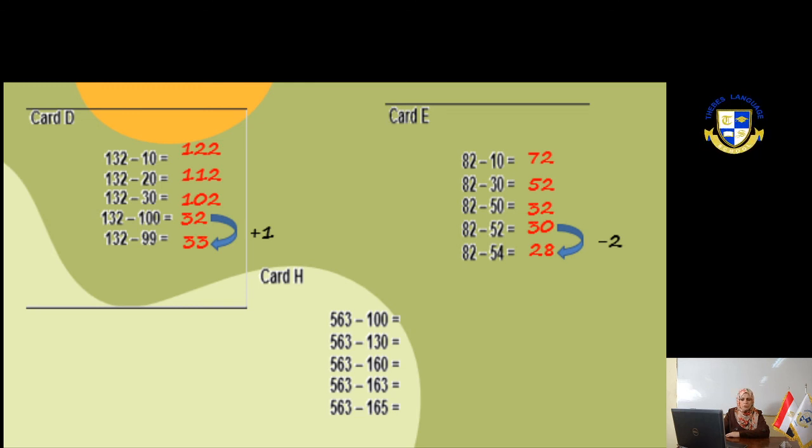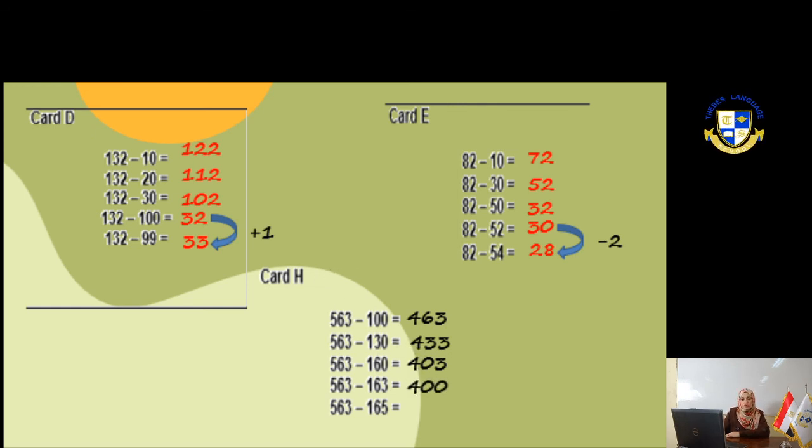Card number H, 563 minus 100, ones and ones, 3, tens and tens, 6, 100 and 100, 5 minus 1 equals 4, 463. 563 minus 130, ones and ones, 3, tens and tens, 3, 100 and 100, 4. 563 minus 160, ones and ones, 3, tens and tens, 0, because 6 minus 6 equals 0, 5 minus 1 equals 4. 563 minus 163, ones and ones the same, 0, tens and tens the same, 0, 5 minus 1 for the hundreds equals 4.